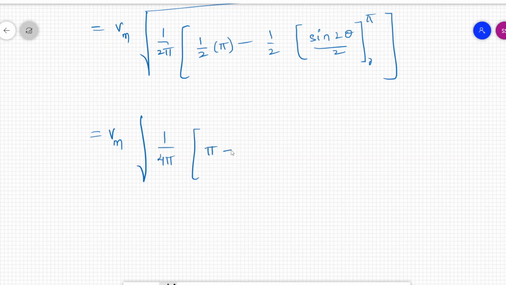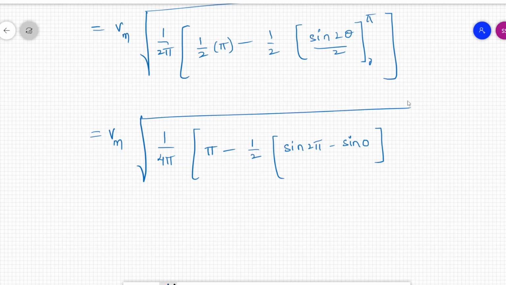This is pi minus 1 by 2 into sin 2 pi minus sin 0. Okay, so sin 2 pi is 0, sin n pi is also 0. Sin n pi is 0, right?